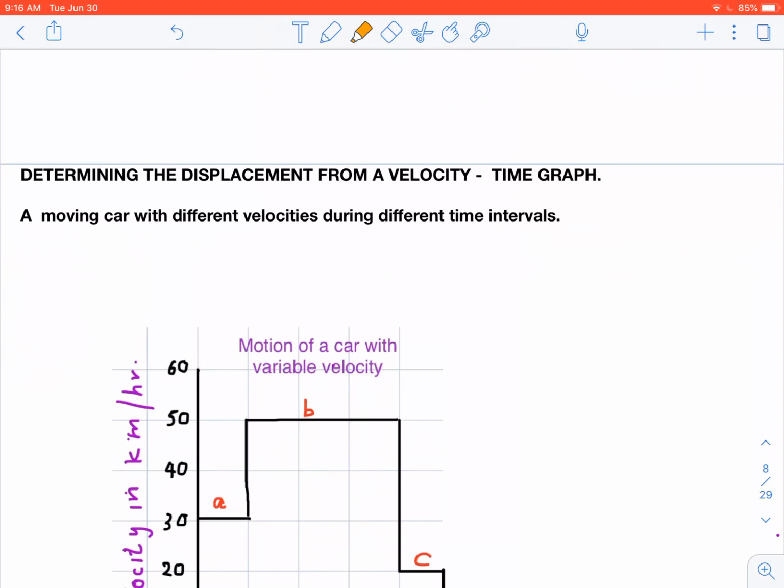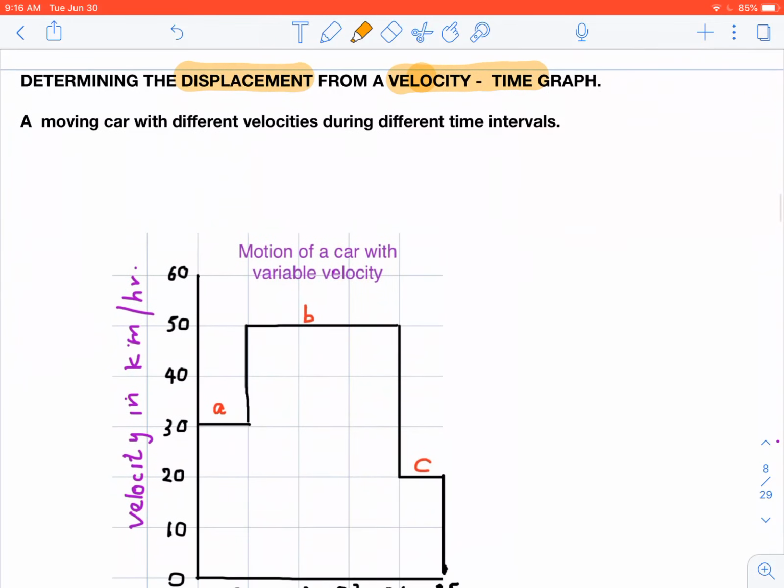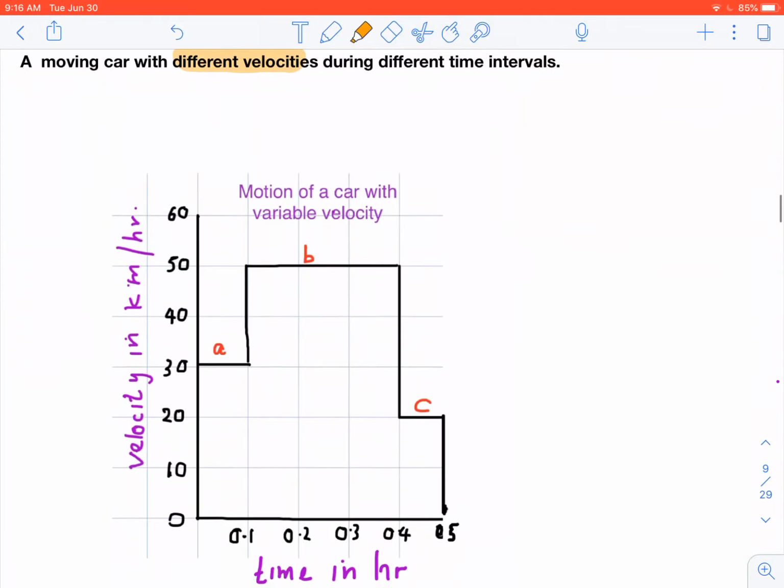So here we have now determining the displacement from a velocity time graph. A car is moving with different velocities during different time intervals. Here we have it. The car was moving at 30 kilometers an hour, and then we see that the velocity suddenly becomes 50 kilometers an hour.